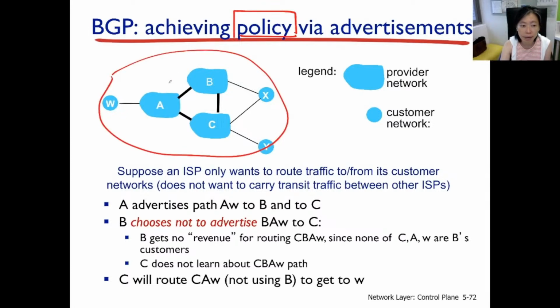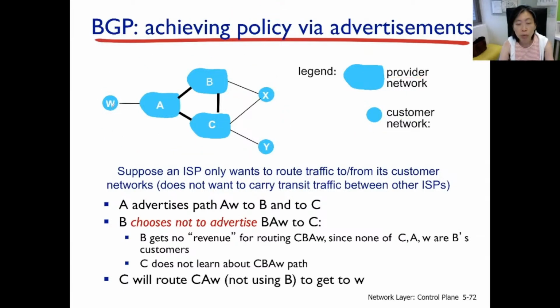Consider this network. We have 3 ISPs in the middle, A, B, C, the provider networks. W, X, Y are the customer networks. More specifically, W is the customer of ISP A. So W pays A some amount of money every month, and A will in turn help W pass packets going out to the rest of the internet or coming in from the internet.